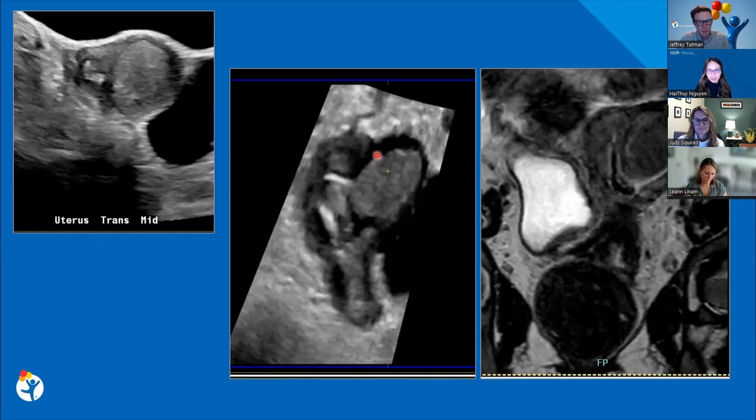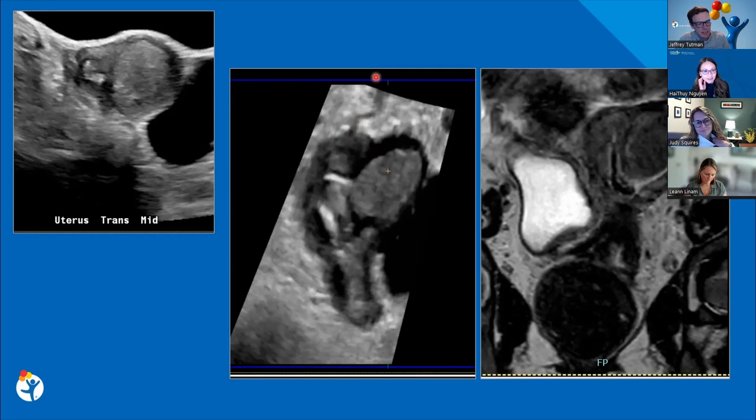But even with the 3D probe that we did have, mainly for OB, you would still have to do a lot of the manipulation either on the scanner or in a separate software. So I guess it's nice to have that option, but I don't know if you can get away from all that manual stuff.